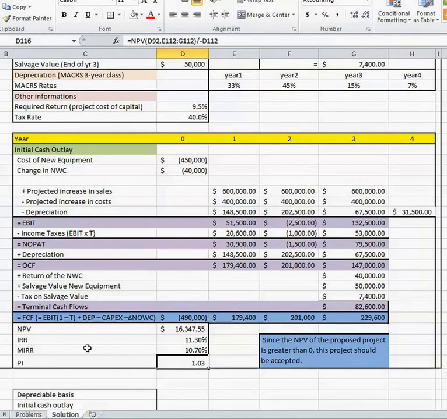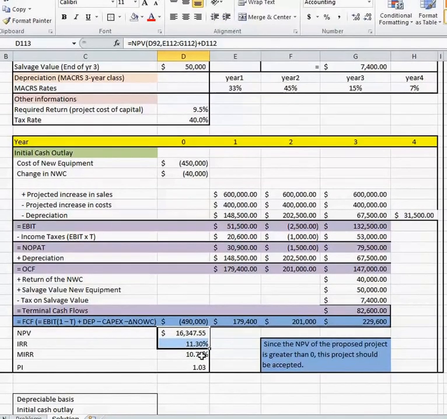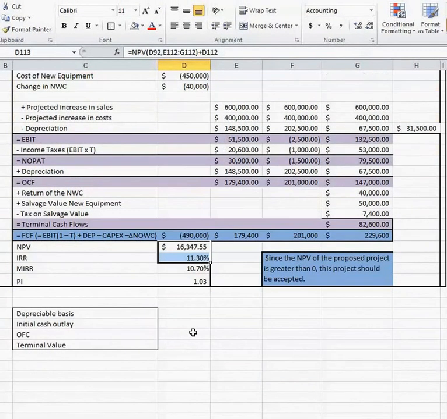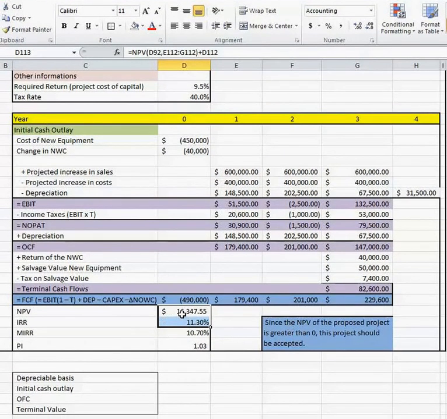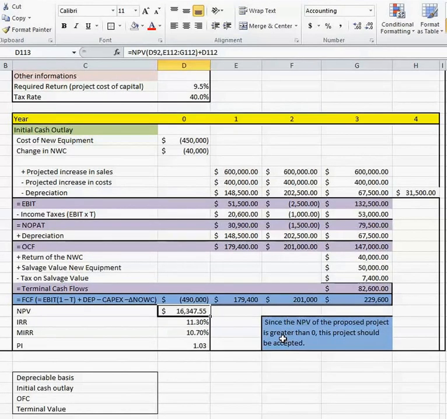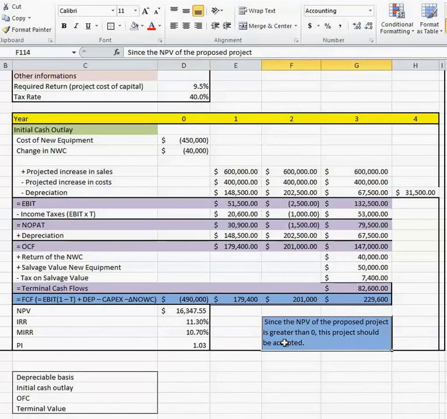So I use these four criteria. Basically, if you do one or two, you will be fine. From your capital budgeting chapter, if you remember, since this project has a positive NPV, the project's NPV is greater than zero, so based on NPV we accept this project.